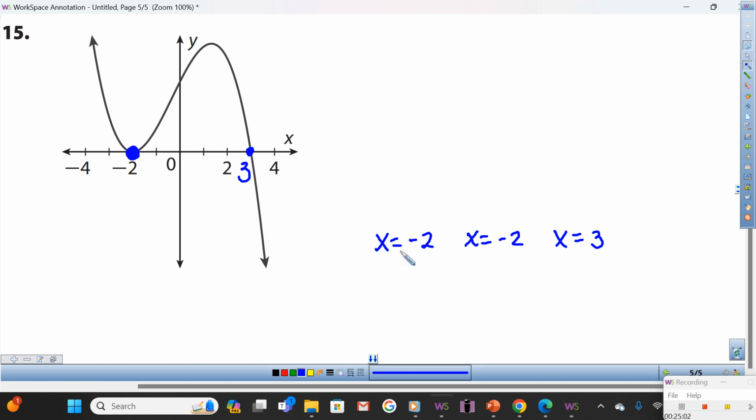What does this look like before it became x equals -2? X plus 2 equal to 0. That is correct. We write that twice, one for this one, one for this one. So what does this one look like? Everyone? X minus 3 equal to 0. That is correct.